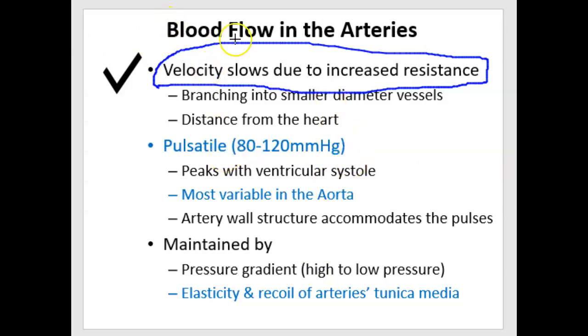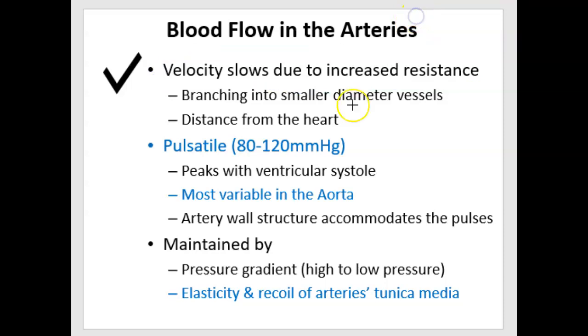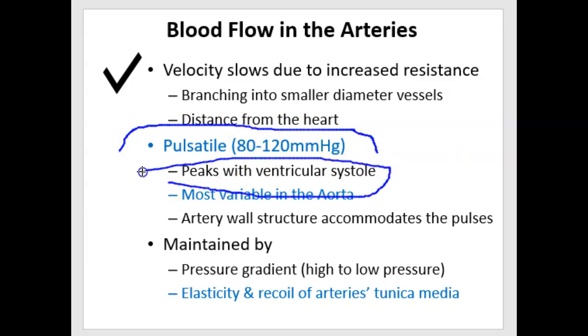So first, let's talk about blood flow in the arteries. And notice that blood flow is pulsatile. Okay, what does that mean? That means that it varies greatly. So it peaks with ventricular systole at 120 millimeters of mercury.